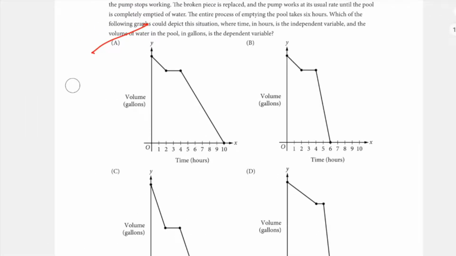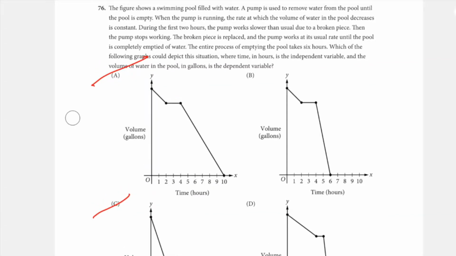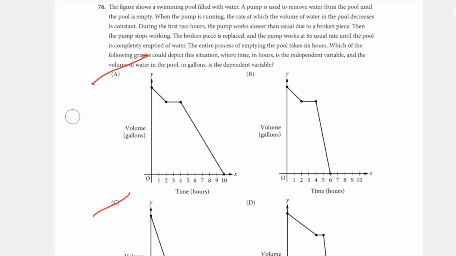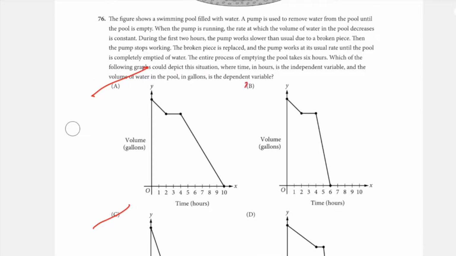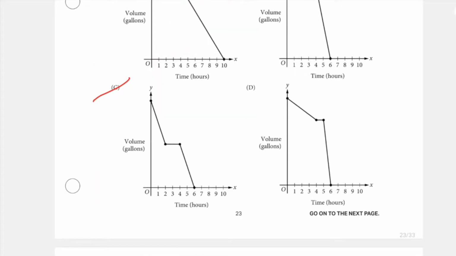But I need to go shallower and then steeper. I see C, those line segments are parallel, so that one's out. I see no change in the effectiveness of the pump. So I guess the difference is when did it stop working? It stopped working after 2 hours, so I'd start going flat at 2 hours and then resume at some other point. Okay, so I used all the information.